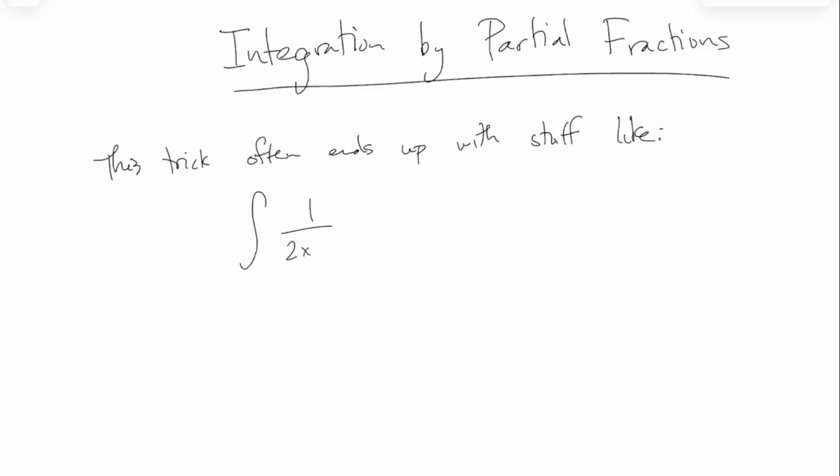Maybe you're going to end up with something that looks like this. You start with something more complicated looking than that, but then you do this partial fractions trick, and what it ends up with is like that. And there is a very simple way of finishing an integral like this.